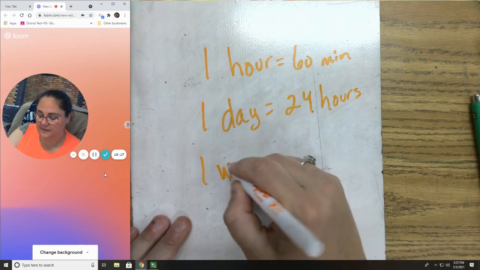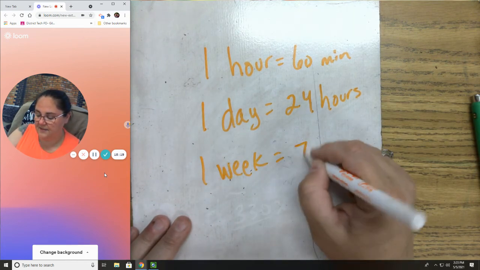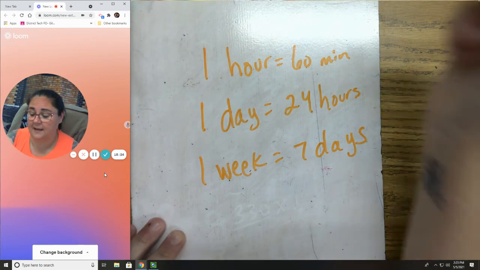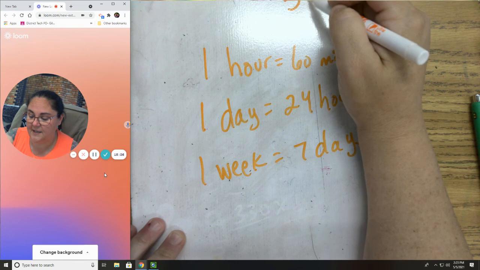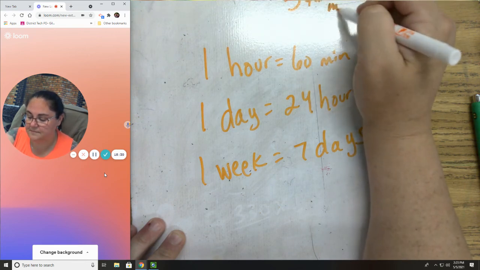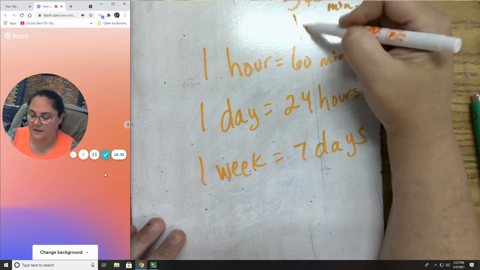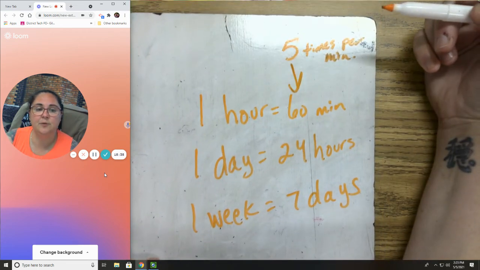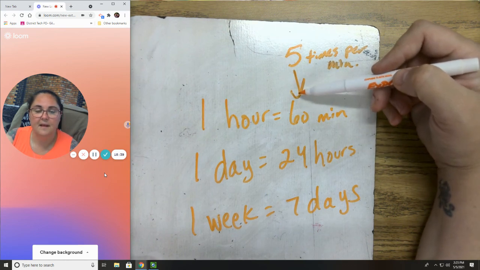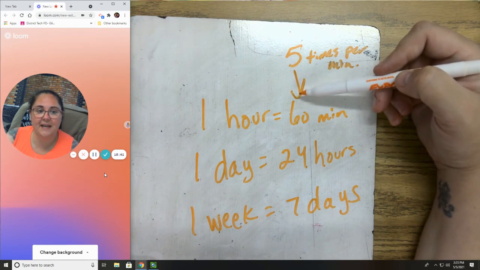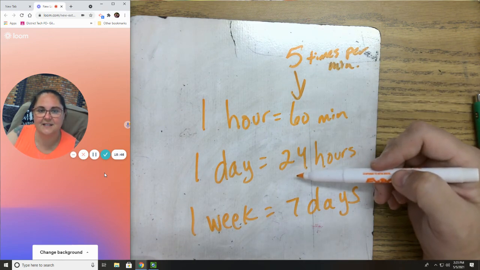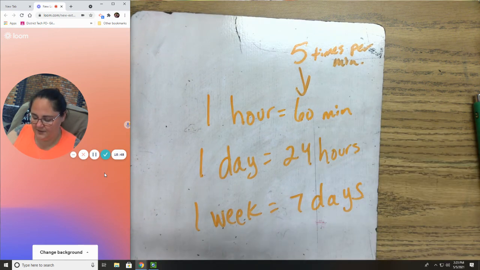And 1 week is 7 days. So if I do something 5 times per minute, and I need to figure out how many times I do it per hour, I'm going to do 5 times 60. Then to figure out how many times per day, I'll take that number times 24. Does that make sense?